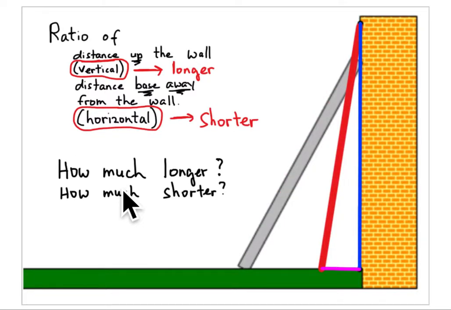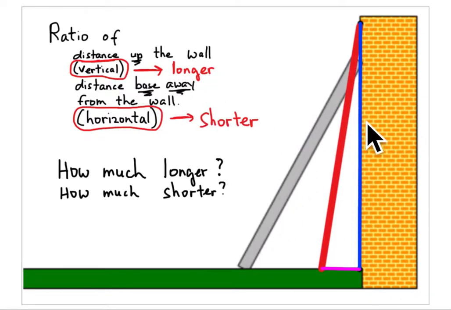So in this case, you want to answer the question, how much longer or how much shorter? So how much longer is this ladder going up the wall compared to how far it's going away from the wall? What is that ratio? So the distance up the wall is the vertical distance. So I made it longer than the original one.